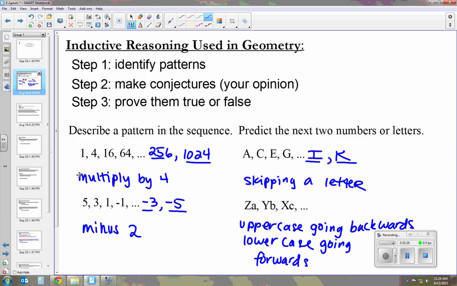So we can assume that it's Z, Y, X, W, D, V, E, and those are the next two in our pattern. So we can use inductive reasoning to identify patterns, make a conjecture, and then prove them true or false.